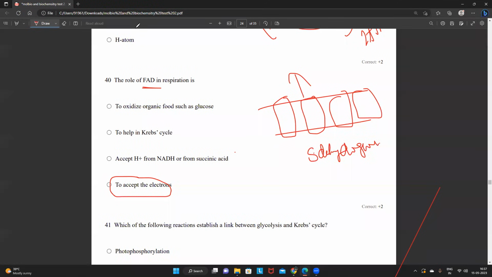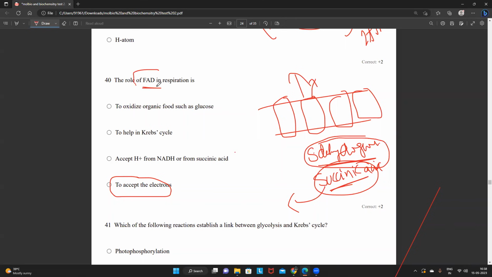Correct? Which reaction is involved here? Succinic acid reaction. You remember, succinic acid is converted into malic acid. So here succinic acid is a 4-carbon containing compound only. But this reaction can be catalyzed by succinic dehydrogenase, which is the second electron acceptor complex.